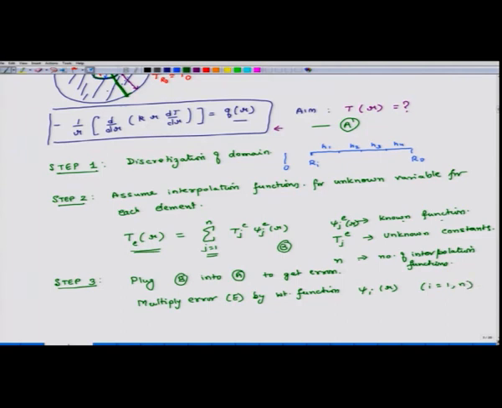So, multiply the error by weight function psi I and integrate the product over the element and equate it to 0.